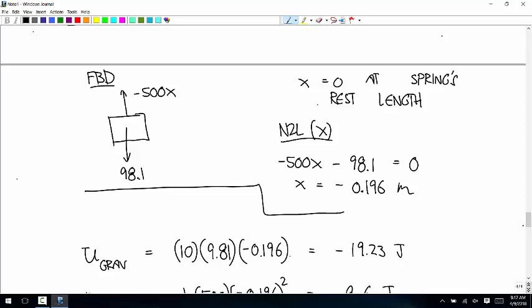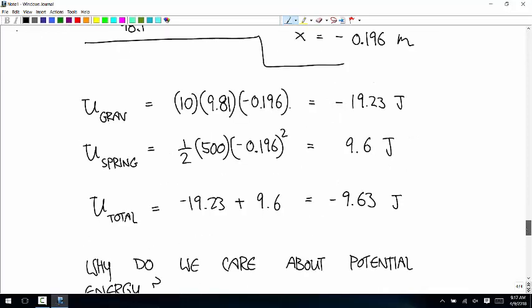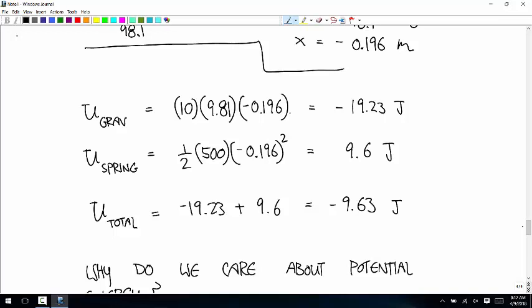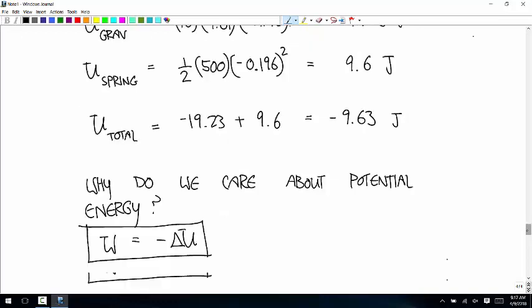This form looks a lot like the form of the kinetic energy, but this is the potential energy for a spring. Kinetic energy is 1/2 mv squared, and spring potential energy is 1/2 kx squared. So the form is the same, but they're not the same thing.